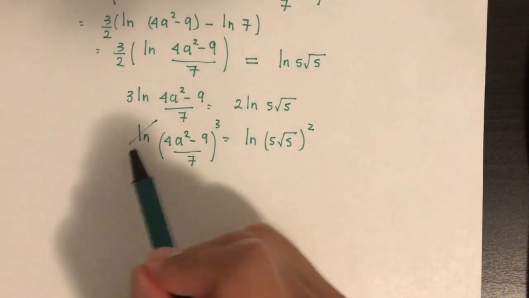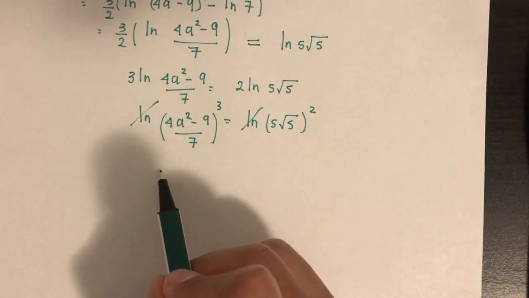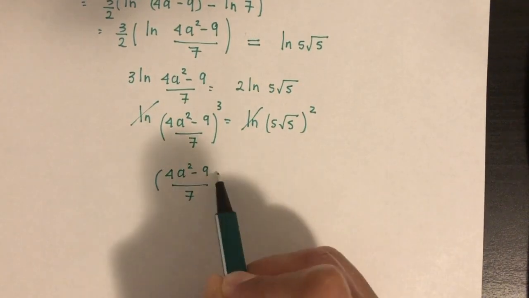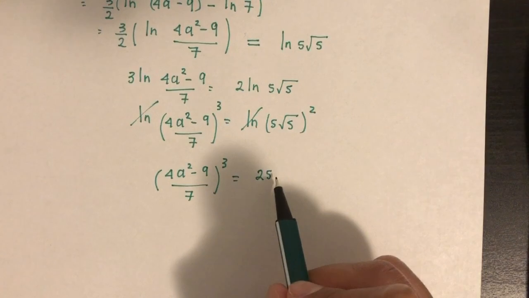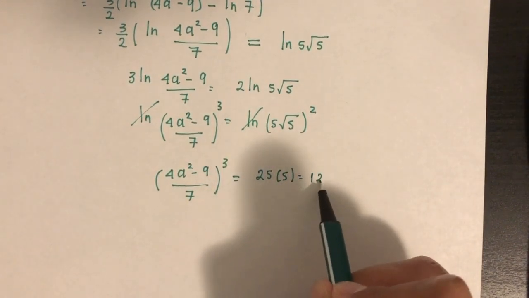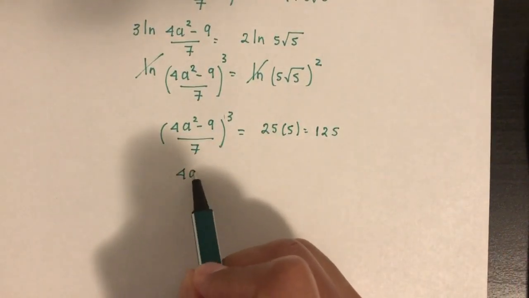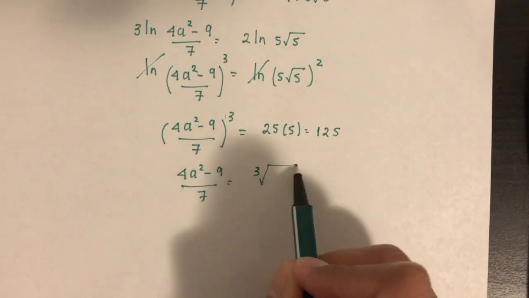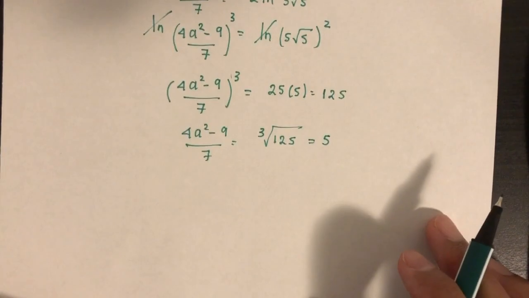Now we have ln on both sides, they cancel. And here we have 4a squared minus 9 over 7 to the power 3 equal to 5 squared is 25, and this power 2 will be 5, which is 125. Now we send the power 3 to this side, you will have 4a squared minus 9 over 7 equal to the cube root of 125, which is 5.